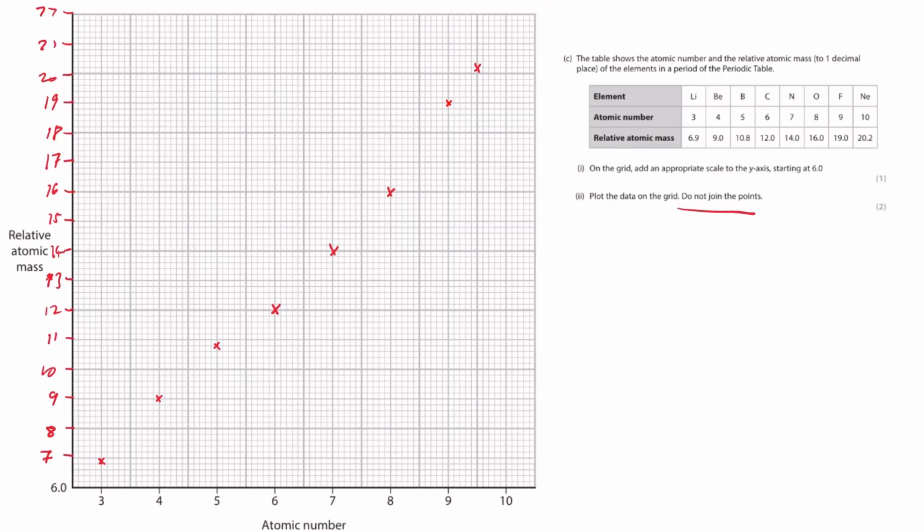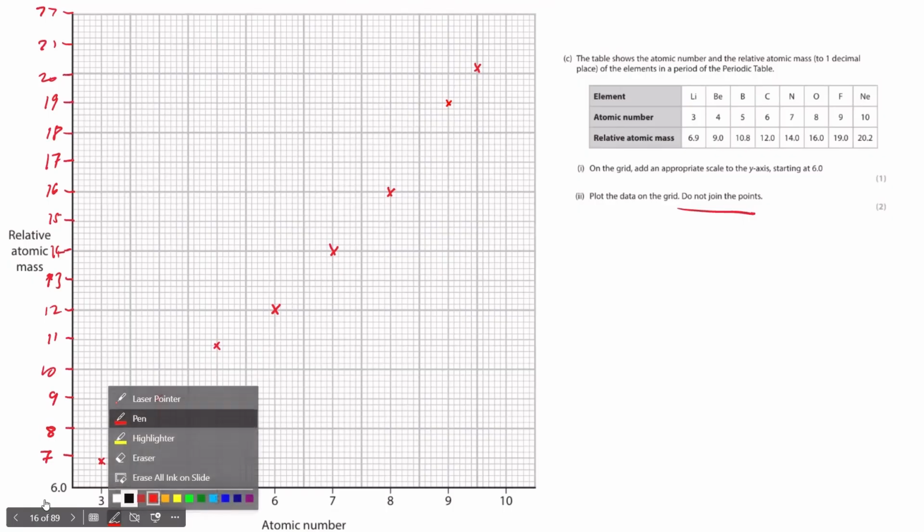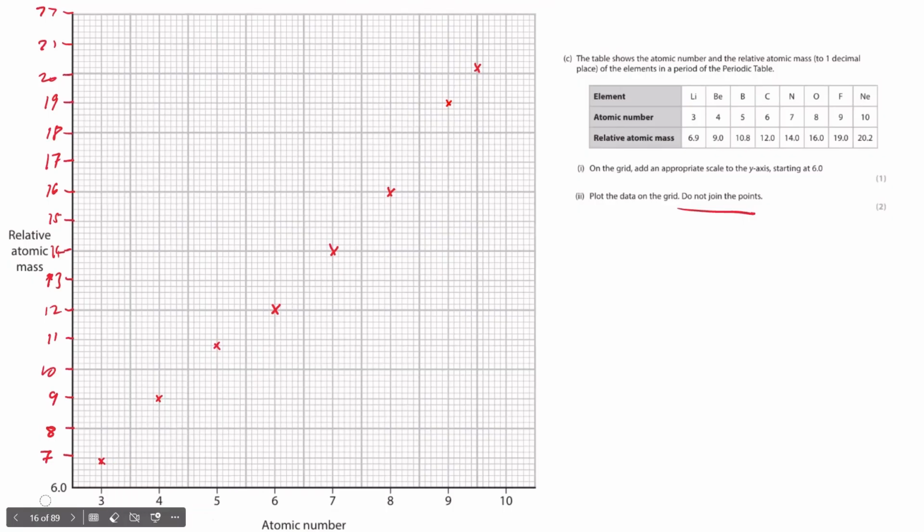When it is 10, it is 20.2. I made a small mistake, it is not here. It is 10, it is 20.2, somewhere here. Yes, now it's fine.